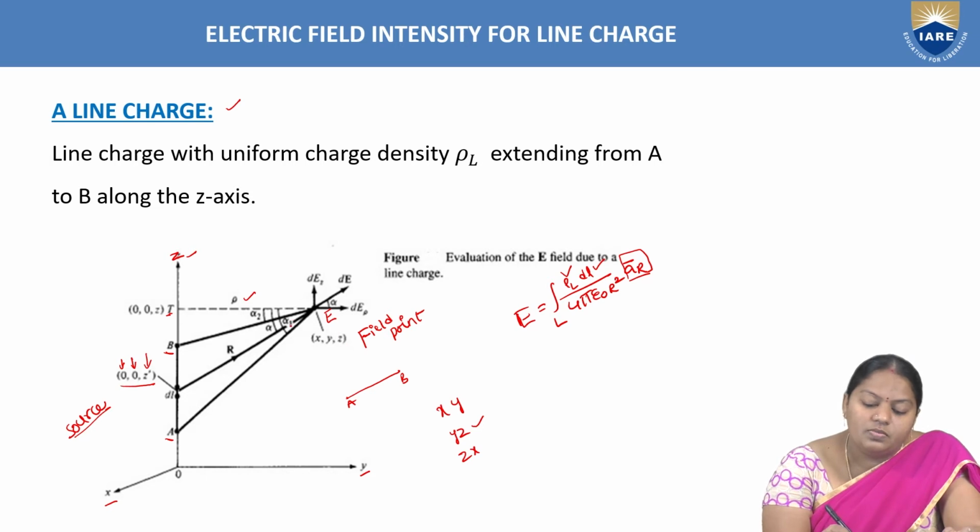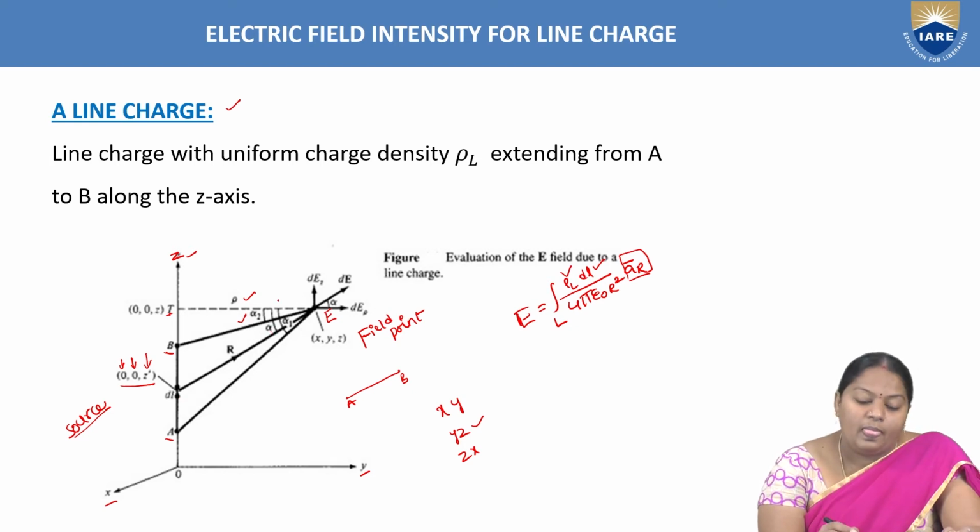Here, if you observe, there are three angles. From T to B, the angle is measured as alpha 2. From T to dL, that angle is given by alpha. And from T to A, the angle is measured as alpha 1.